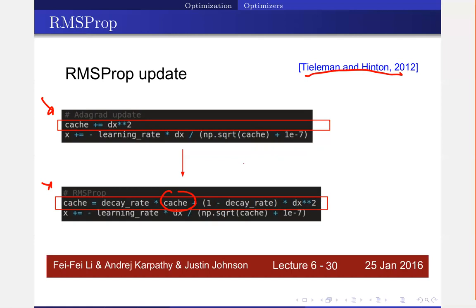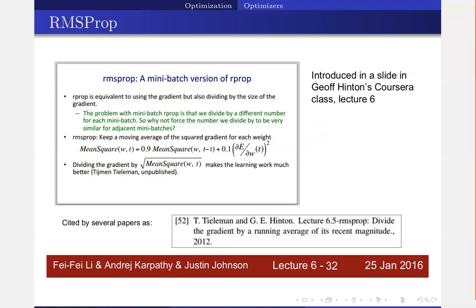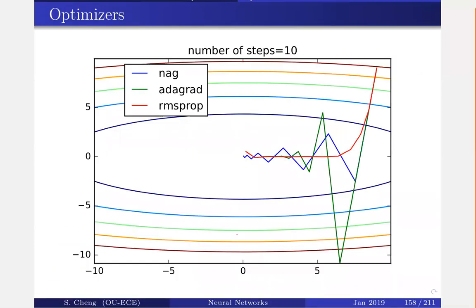Hinton just presented it in his Coursera course in 2012, and when people cited it, they just cited lecture 6 of the Coursera course or something like that. And for this case, it's actually pretty nice.